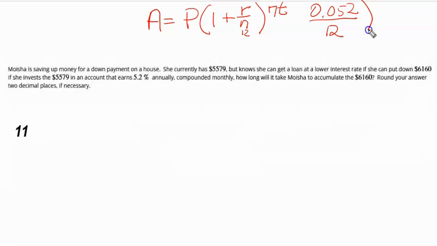And then we know our exponent here is going to be 12t. And we know our initial starting was 5379. Oh, that's actually another 5. I misread that. And then the future amount is going to be 6160.